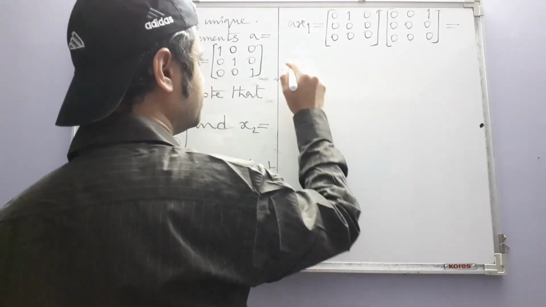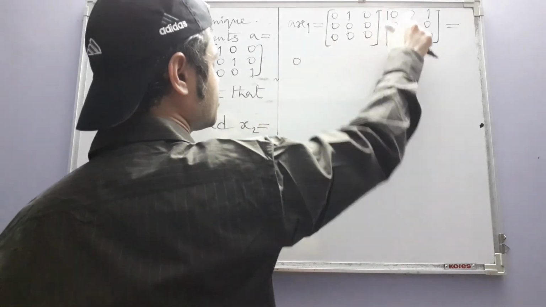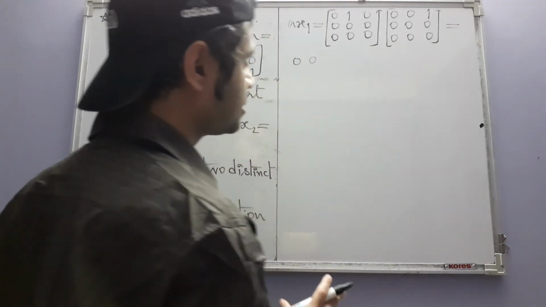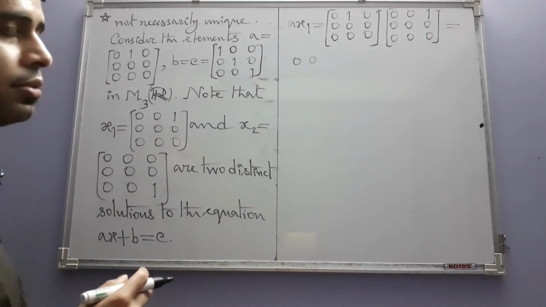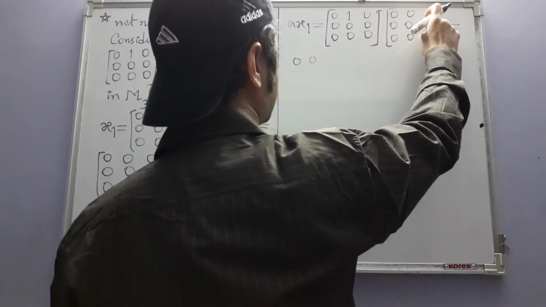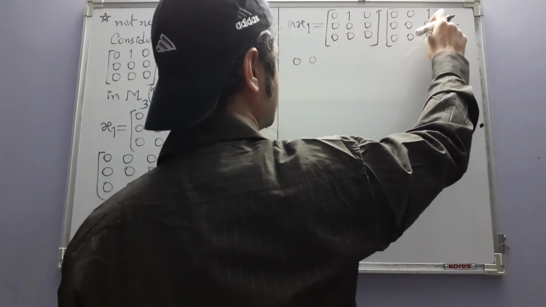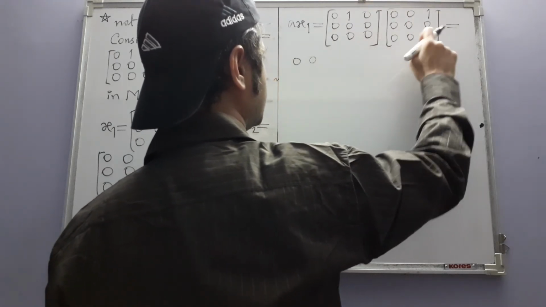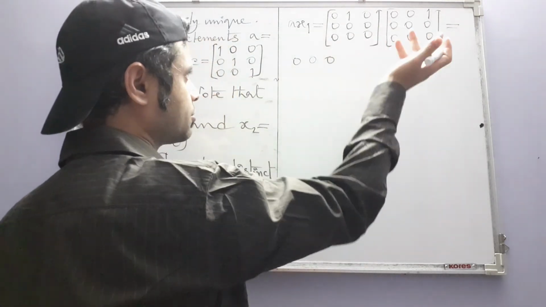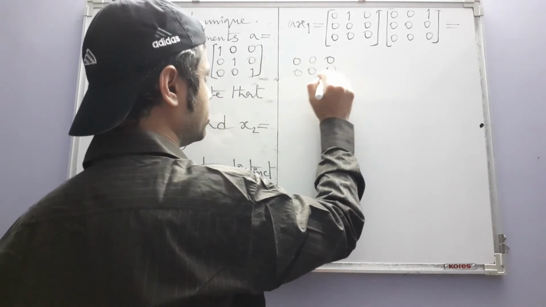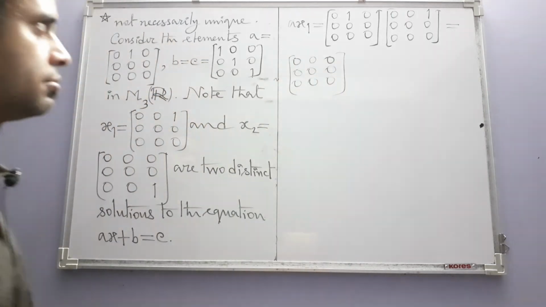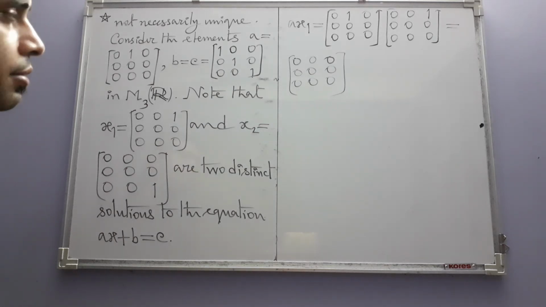First column is 0, so you get 0. First row, second column is also entirely 0, so you get 0. First row, third column is the only combination where we have non-zero entries in both of them. 0 times 1 is 0, plus 1 times 0 is 0, plus 0 times 0 is 0. And the other rows are of course 0, so they will give us only 0. So we are getting what we want.